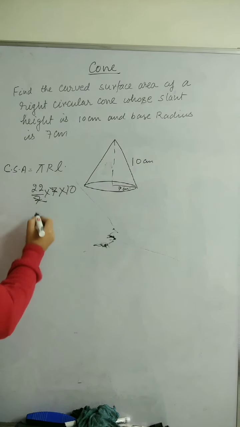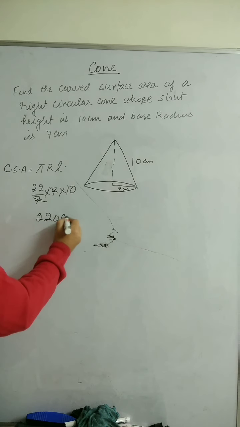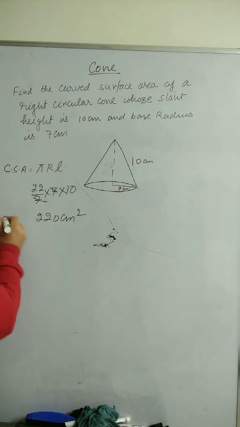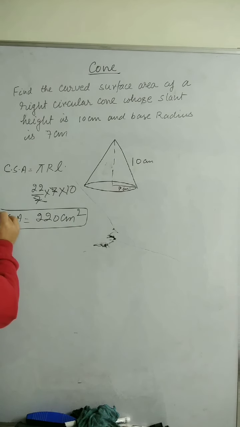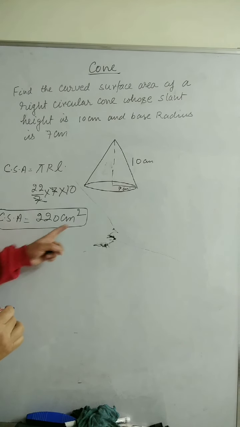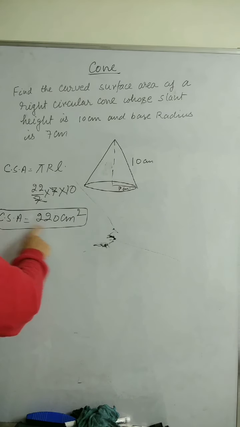The 7 and 7 will cancel, so it will be 220 centimeters square. Don't forget to write the unit. The unit of area is centimeter square or meter square or kilometer square. So the curved surface area will be 220 centimeter square.